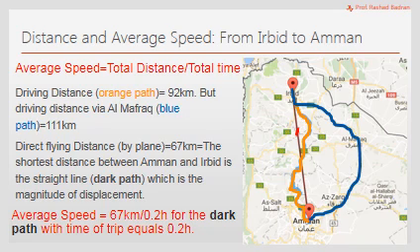To elaborate more on that, if we decided to go from Amman to Irbid through this short distance and then come back again to the same place where we were in Amman, the average velocity depends on the displacement, and the displacement represents where the car was and where it ends up.